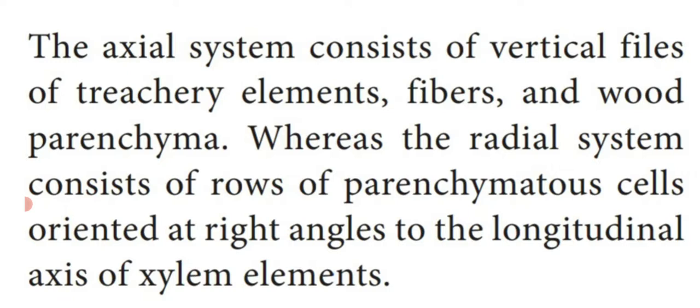So that is the axial system. It consists of tracheary elements, that means xylem trachea, xylem fiber and xylem parenchyma. Wood means secondary xylem parenchyma. The radial system, that means ray initial, consists of rows of parenchymatous cells oriented at right angle to the longitudinal axis, that means axial system, of xylem elements.